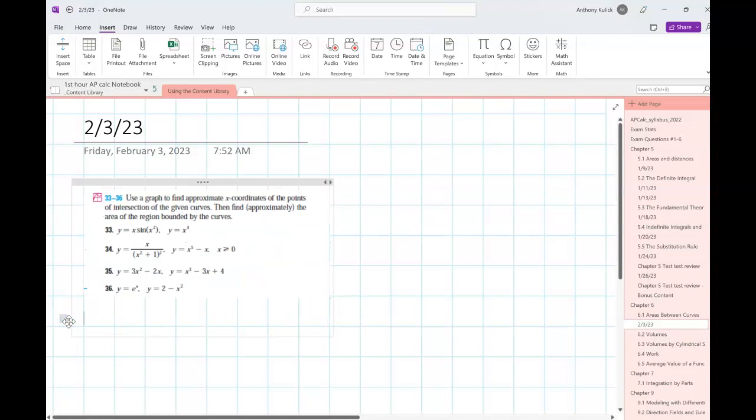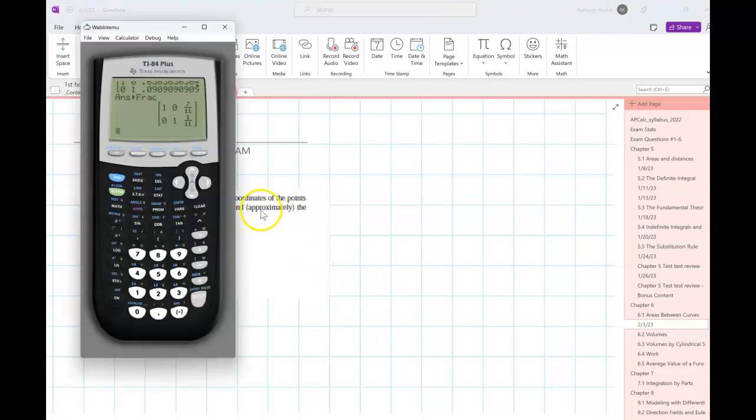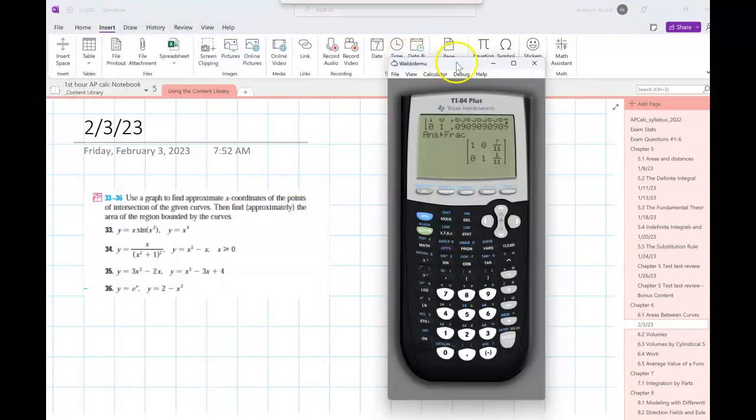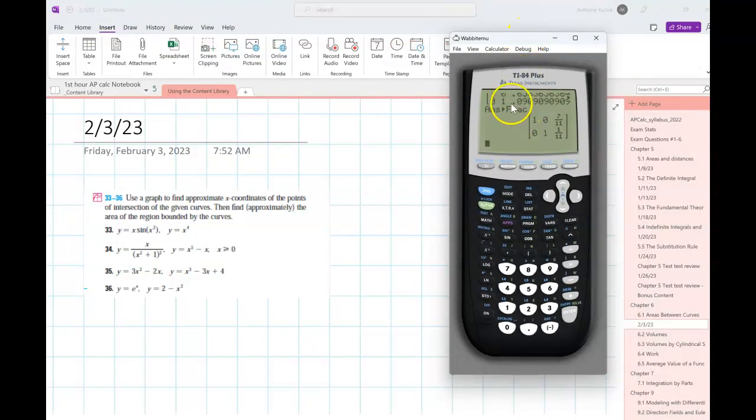All right, so here it says, use a graph to find the appropriate x-coordinates of the points of intersection of the given curves, then find approximately the area of the region bounded by the curves. Why does it have this extra approximately here in parentheses? Well, it's because you're rounding the decimal from your calculator when you plug it into your integral.